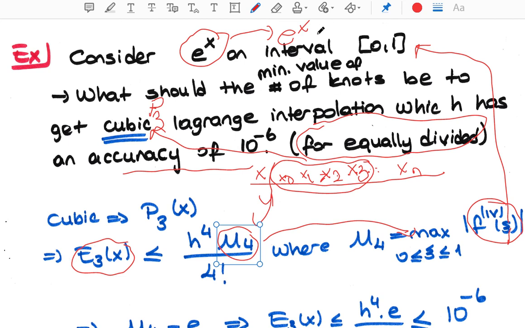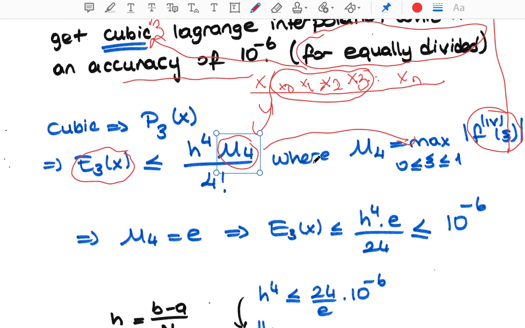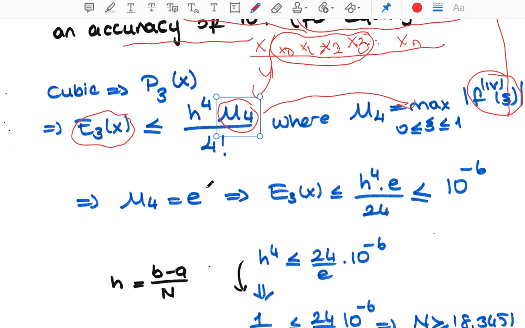So you know that this is an increasing function, which means it takes its maximum value at the right side point. So this point gives the maximum value for this function. I'm substituting 1 into e to the power x because it is an increasing function, so it gives me M4 is e.